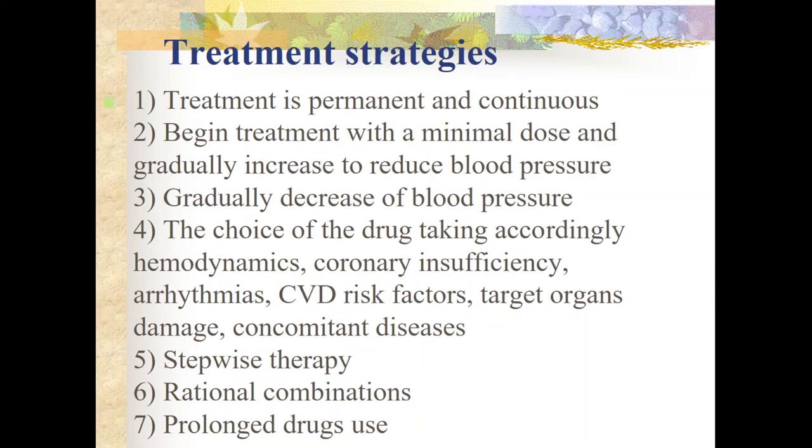Strategies of treatment. Treatment is permanent and continuous. Begin treatment with a minimal dose and gradually increase to gradually reduce blood pressure. The choice of drug is made according to hemodynamics, coronary insufficiency, arrhythmias, cardiovascular disease risk factors, target organ damage, concomitant diseases.